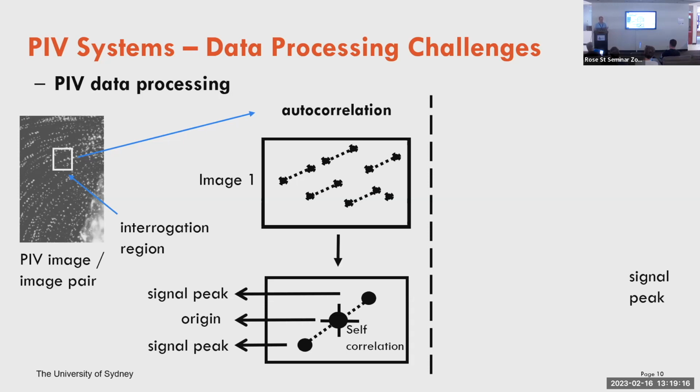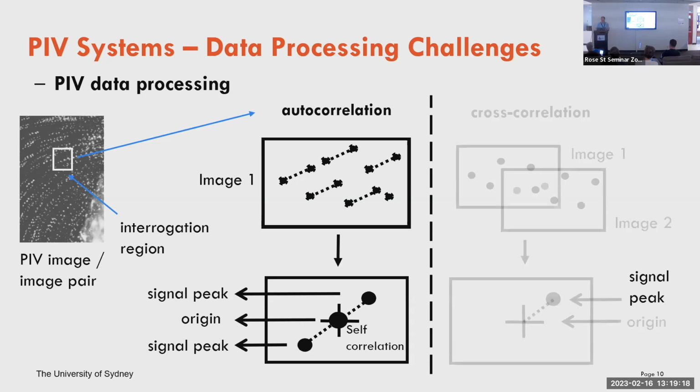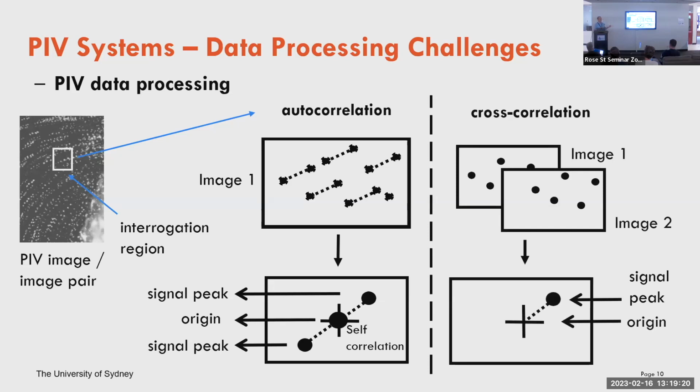But then, of course, digital technology got much better, and you moved to cross correlation, where you could separate pulse one and pulse two onto two different images, and obviously now you don't have the ambiguity problem. You don't have the self-correlation peak. That's all gone. And because there's less correlation between the different particles, you get less noise in your image.